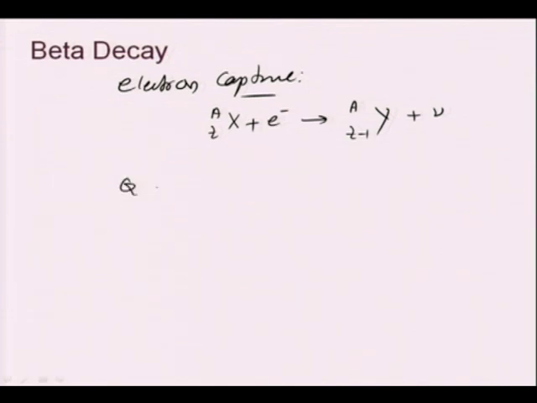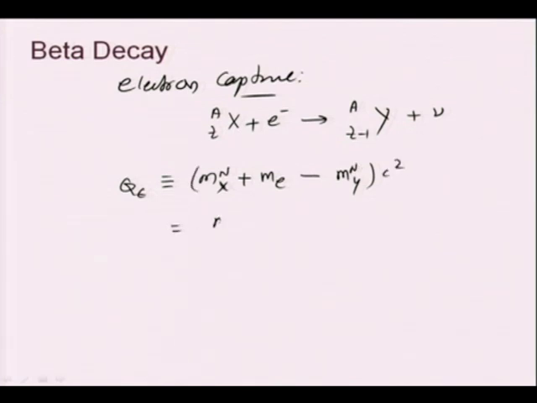The Q factor in this case, let me denote it by epsilon. Q epsilon is equal to m_X, the nuclear mass, plus m_e, because there are the X nucleus and electron in the initial state. So, they are added, minus in the product only m_Y nuclear, c square.